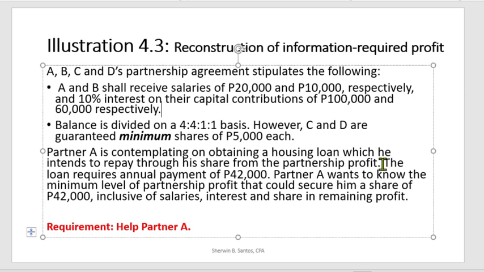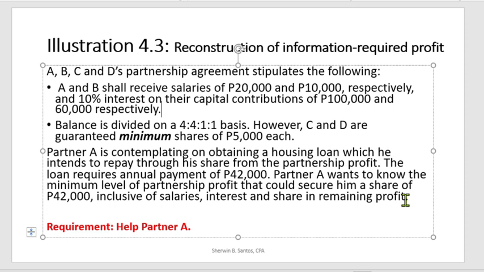The loan requires annual payment of 42,000. Partner A wants to know the minimum level of partnership profit that could secure him a share of 42,000 inclusive of salaries, interest, and the share in the remaining profit. So, ganito lang sa madaling kwento, gusto ni partner A na mag-loan at yung pangbayad sa loan, gusto niya lahat manggagaling dun sa partnership.